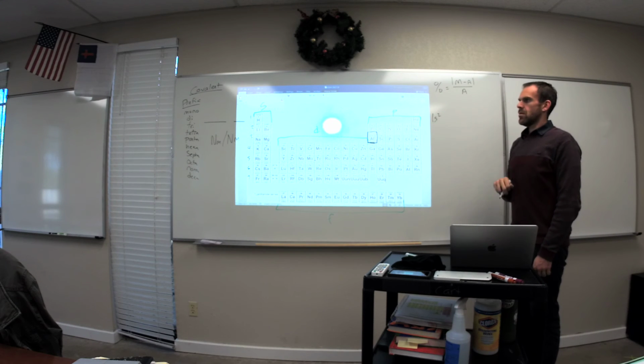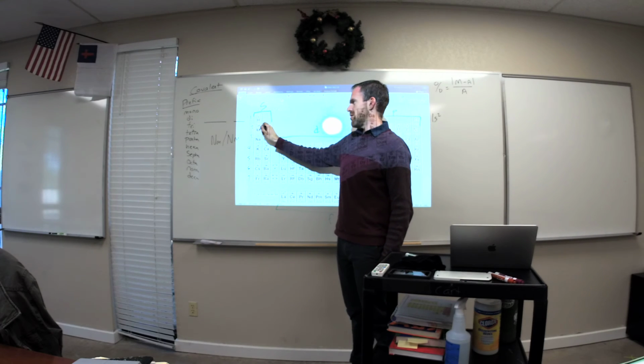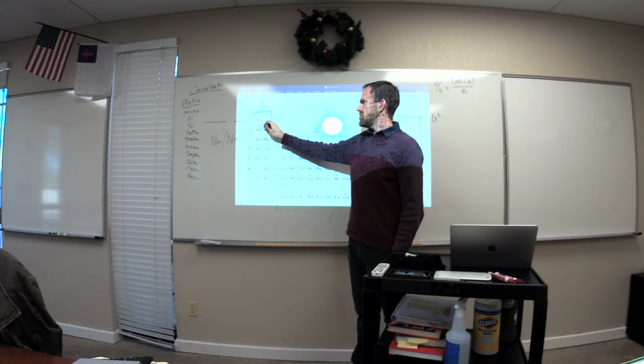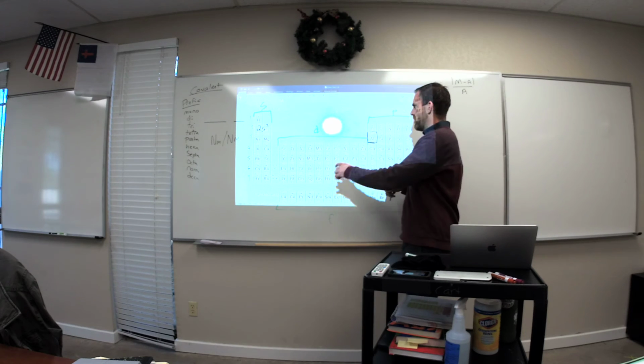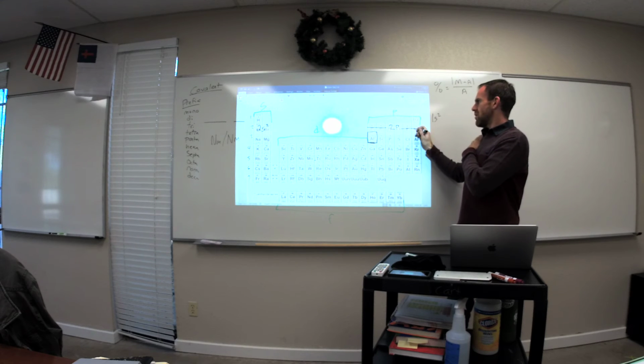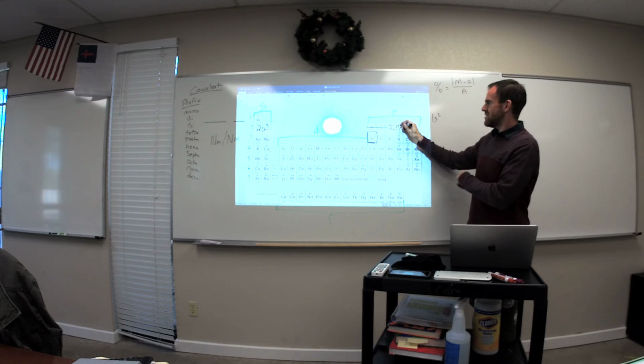Then I fill the second row s orbital. How many electrons do I have for it? 2. Then I come over here. This is my 2p orbital. How many am I going to use? 6, because there are 6 spots.